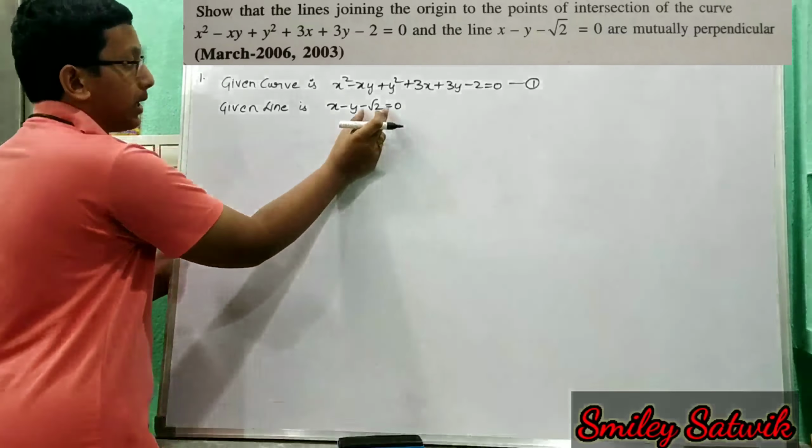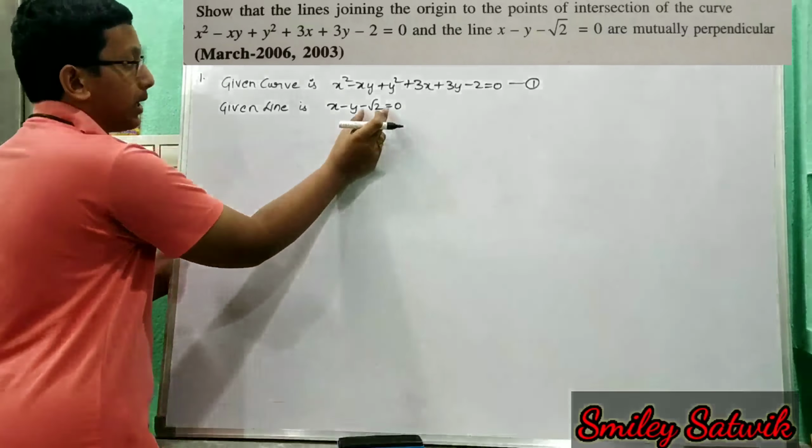Now take 1 by root 2 common and combine both equations. So x square minus xy plus y square plus 1 by root 2 common, 3x square minus 3xy plus 3xy minus 3y square, minus x square minus y square plus 2xy equal to 0.